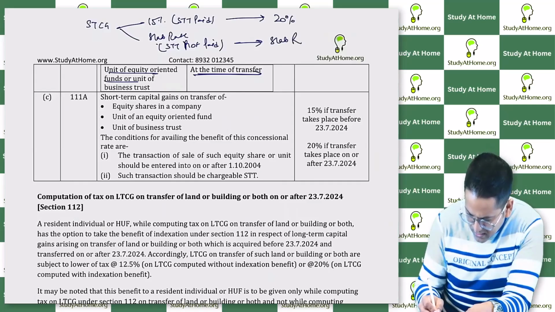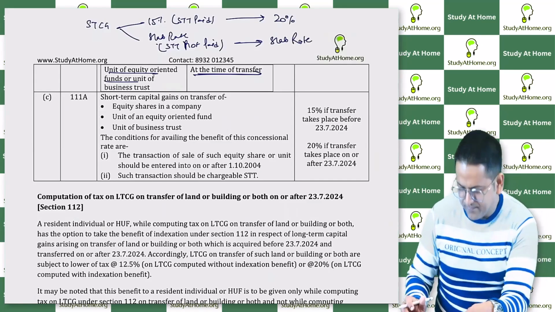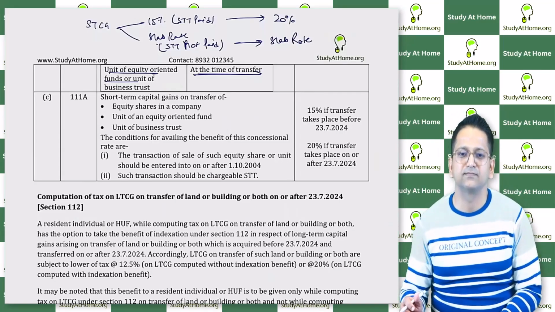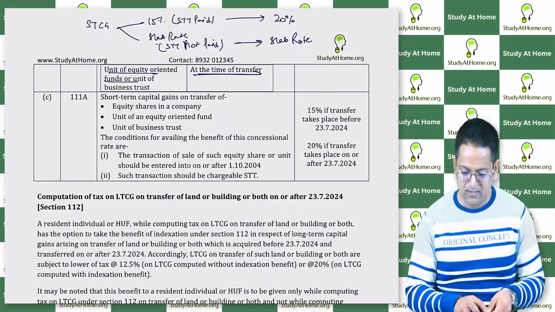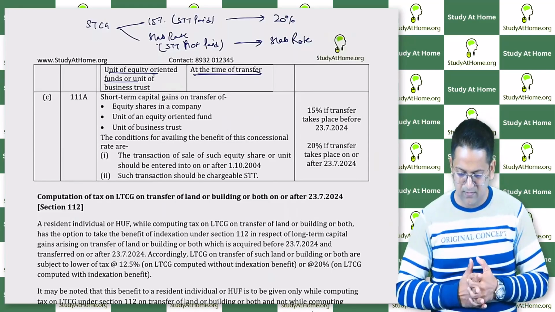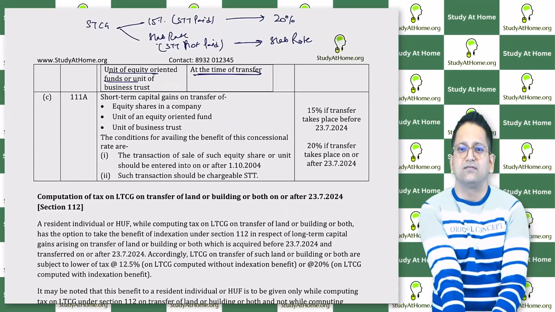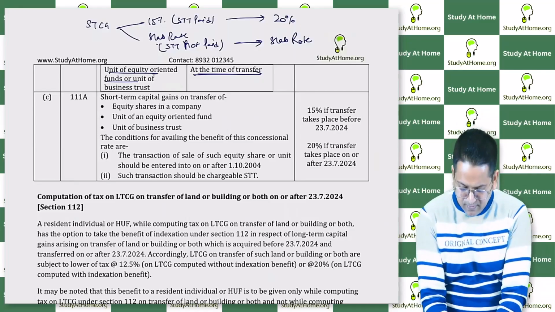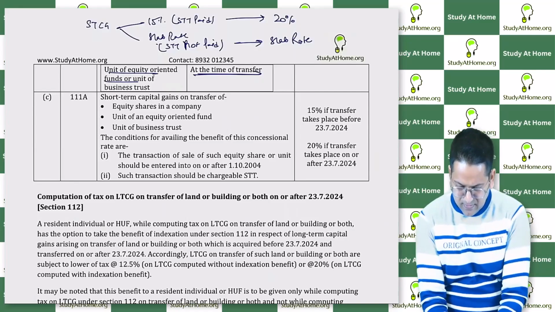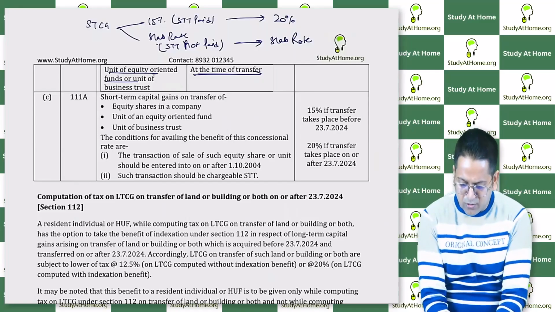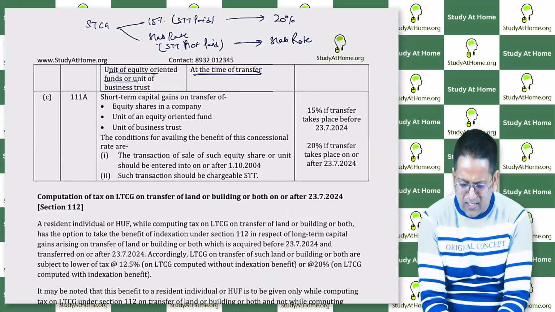This remained as slab rate. So the one with 15% became 20%, and slab rate remained slab rate, so there was not a lot of change.